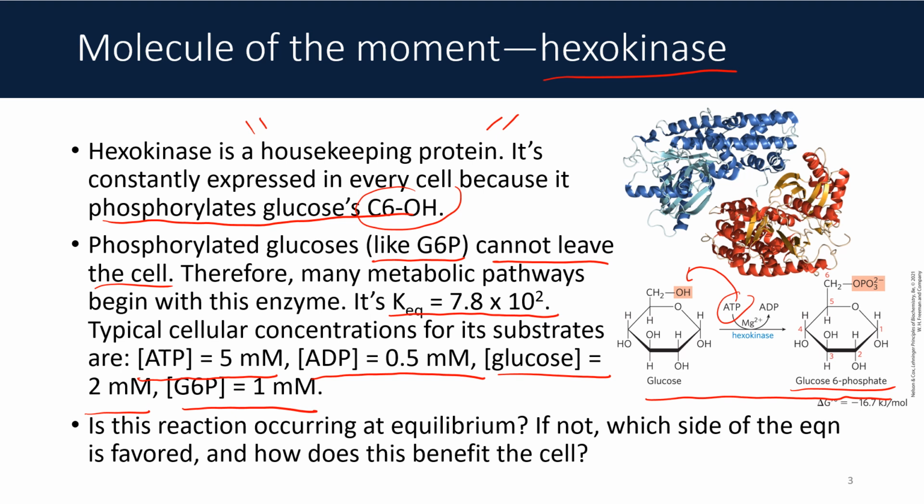My questions to you are these. Is this reaction occurring at equilibrium? And if not, which side of the equation is favored, products or reactants? And most importantly, how does this benefit the cell?